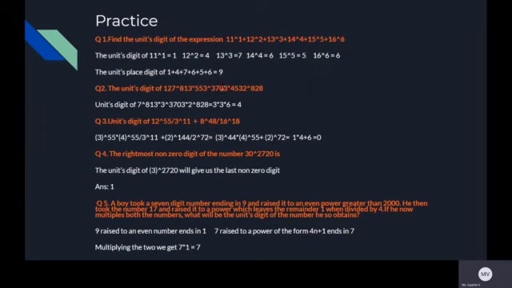It's of the form 4n plus 3, and 3 raised to 4n plus 3 ends in 7. And 2 raised to 828, again you have to find out in what form you can express 828. Is it 4n, 4n plus 1, 4n plus 2, or 4n plus 3? I think this is a multiple of 4. So 2 raised to a multiple of 4 means the last digit is 6.